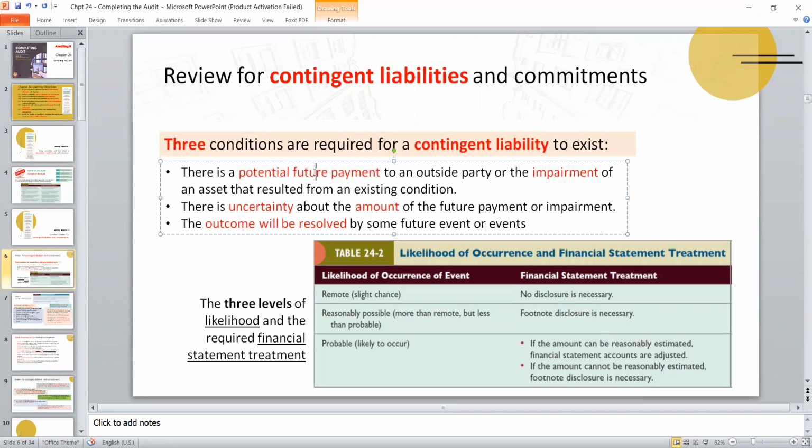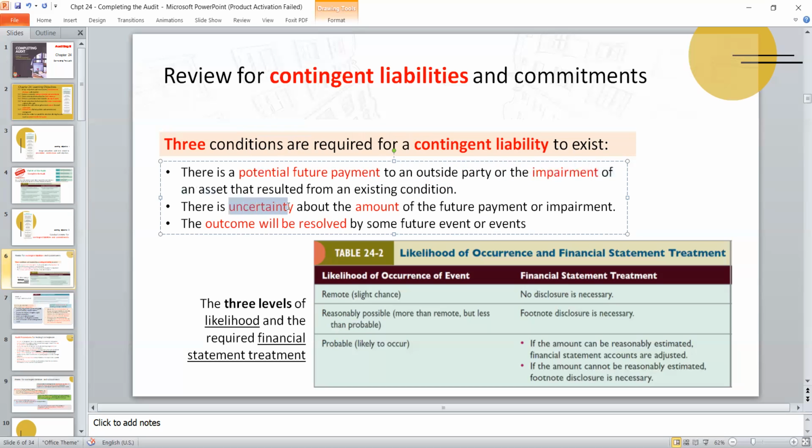Future means after the balance sheet date, after 31 December, is there any liability where we have to pay something to an outside party? If there is a potential future payment, we can call it a contingent liability. And also maybe there is some impairment of an asset, penurunan nilai aset, that results from an existing condition.